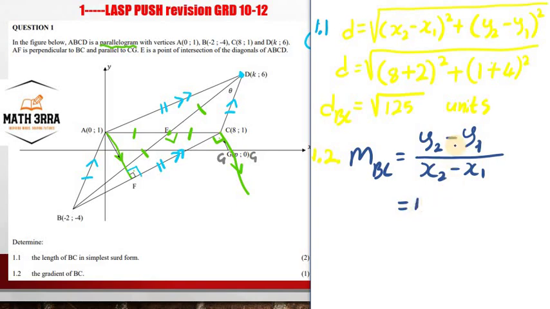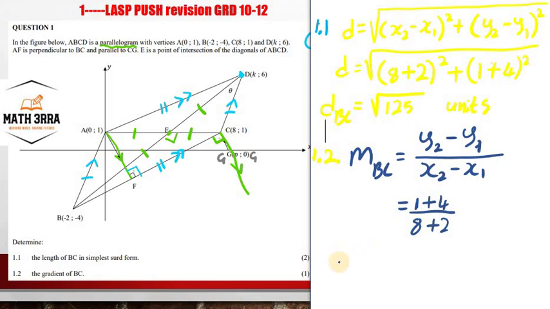The equation has a minus of itself and then there's a minus there, so I'm still going to have a plus 4 all over x2. My x2 is what? 8. The equation has a minus of its own, and then my x1 is minus 2. So negative times negative is going to give me a positive 2.